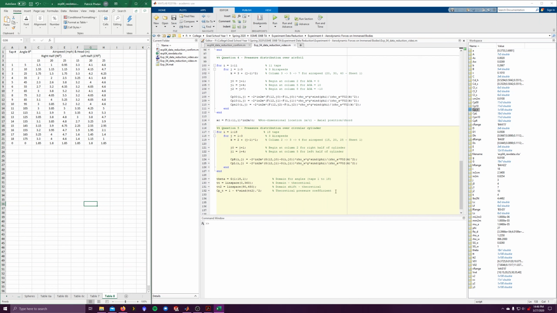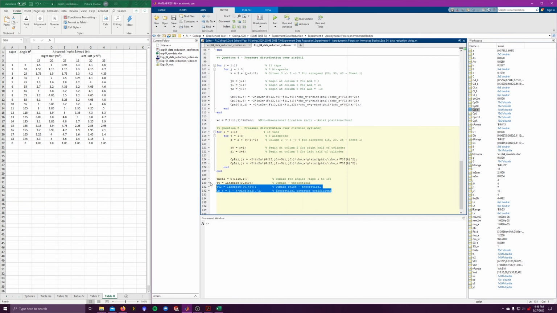Now all of this stuff, these last 3 lines, is for our theoretical stuff. TT is our theoretical domain from 0 to 360 degrees. That'll be used for our plot. And then TT2 is a linspace from 90 to 450. That's still 360 degrees, but I've shifted the domain, really shifting this pressure coefficient here.